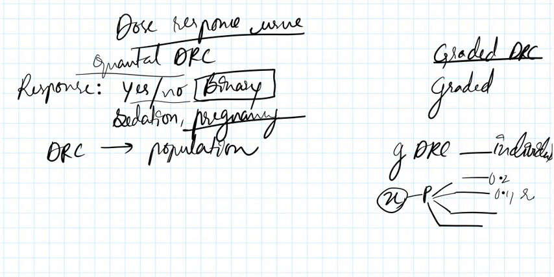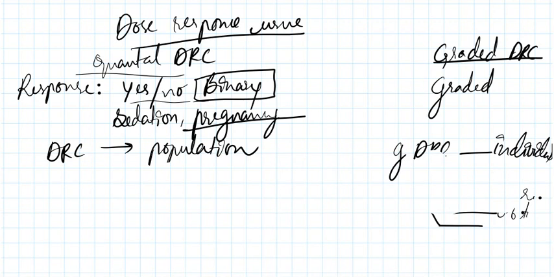At 0.6 dose, it may lead to some other phenomenon. So it will show a graded response depending on the dose. So a graded dose response curve is seen in an individual, while a quantal dose response curve is seen in a population. Okay.